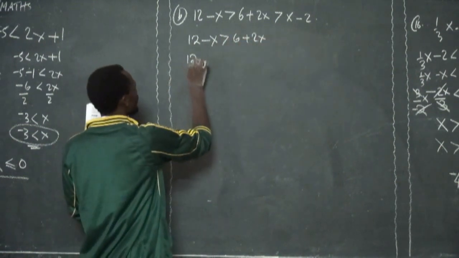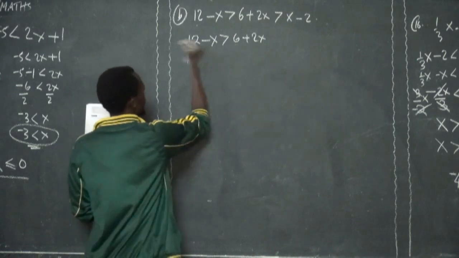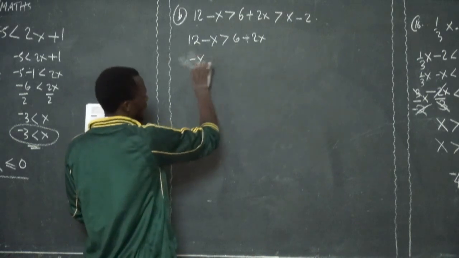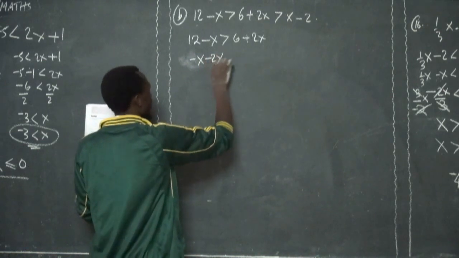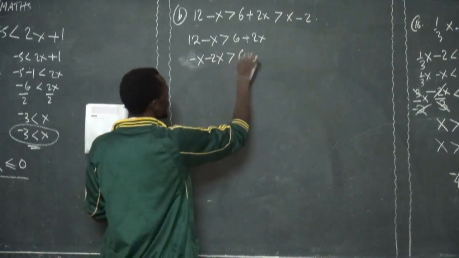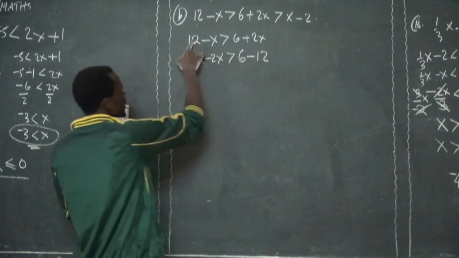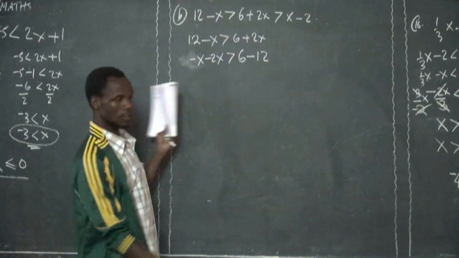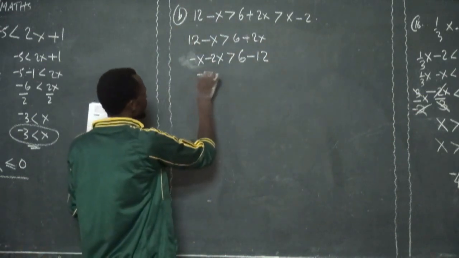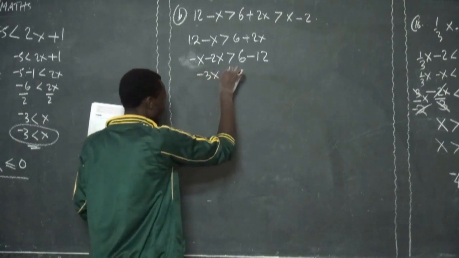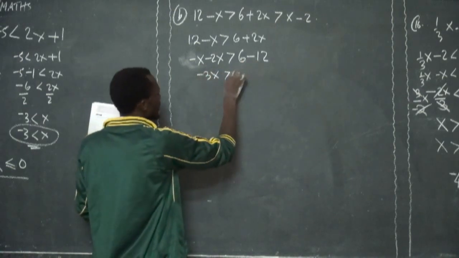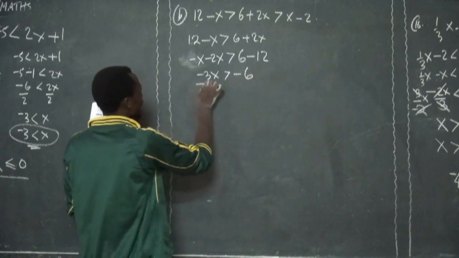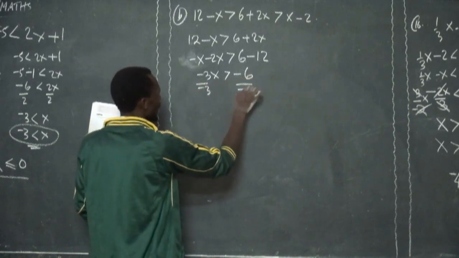Now it is 12. Then you collect the right hand. Now you remain with negative x, then negative 2x is greater than 6 minus 12, because this is positive, becomes what? Negative. Now here you have negative 3x, then is greater than, here negative what? 6. We divide by negative 3.